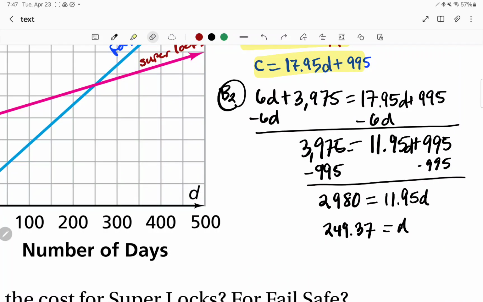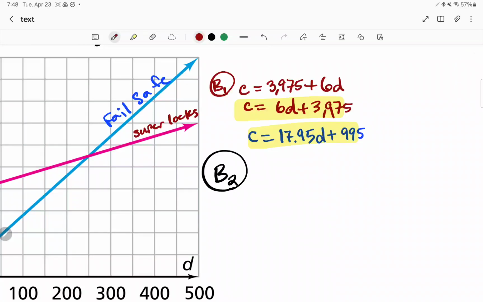And then the next two are looking at what number of days will Superlocks cost less. So let's take a look at that one. We're going to go ahead and set this so that it's the Superlocks. The cost of the Superlocks, 3,975, is less than 17.95D plus 995.